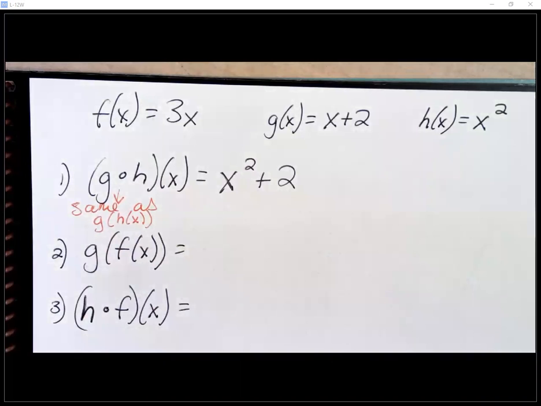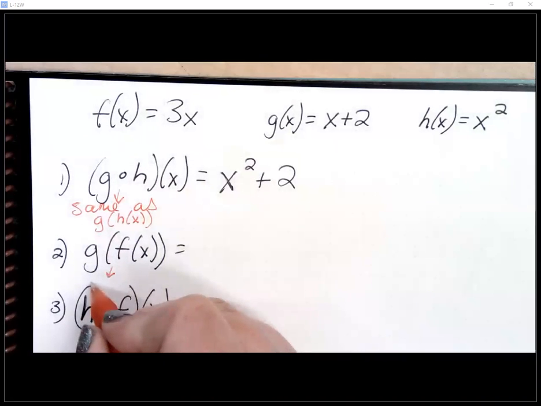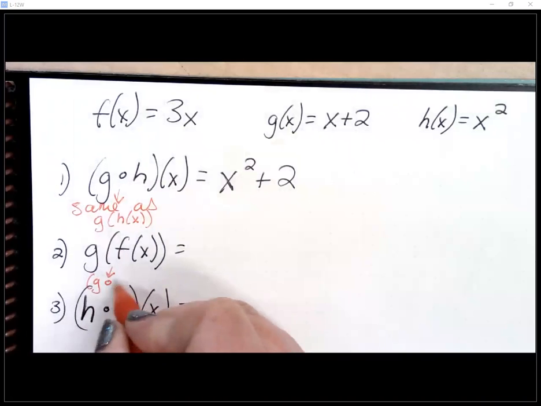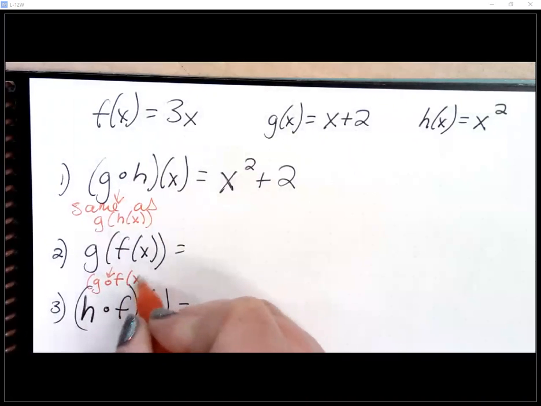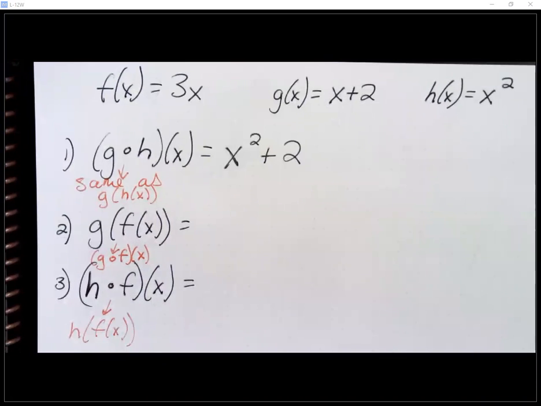This one, if you don't like it that way, is the same thing as g open circle f of x. Okay. Then this one would be h of f of x, if that's what you prefer. So you can always take it upon yourself to switch them if you don't like the way that it is, but you need to know how to do it.